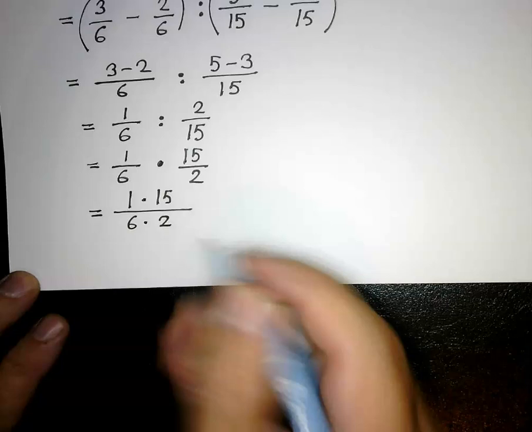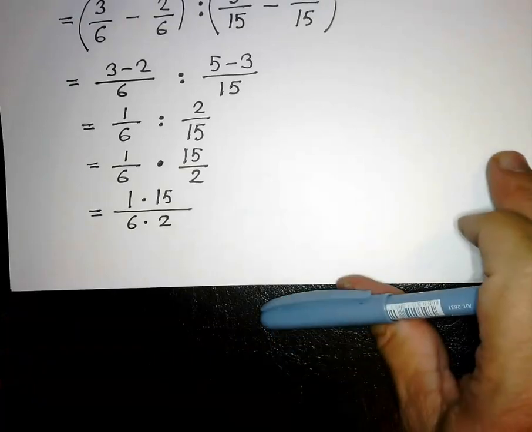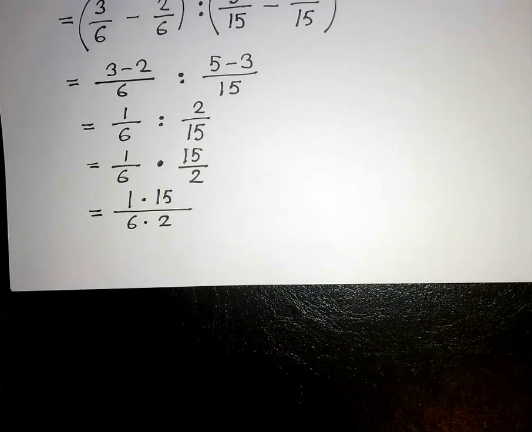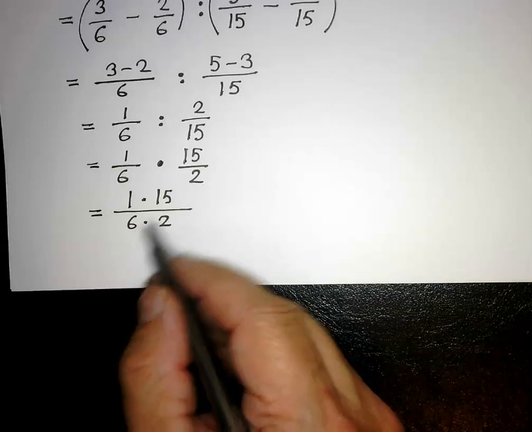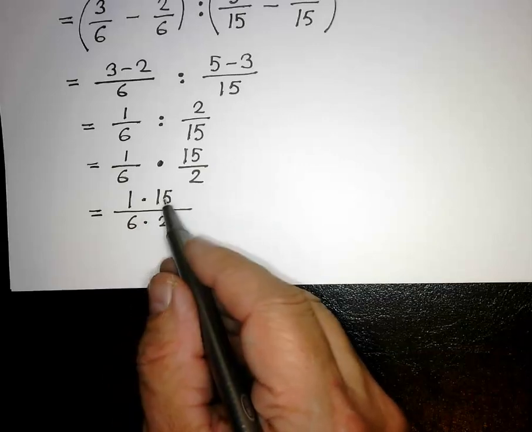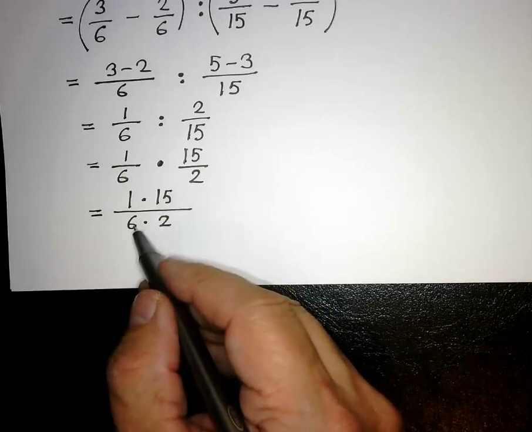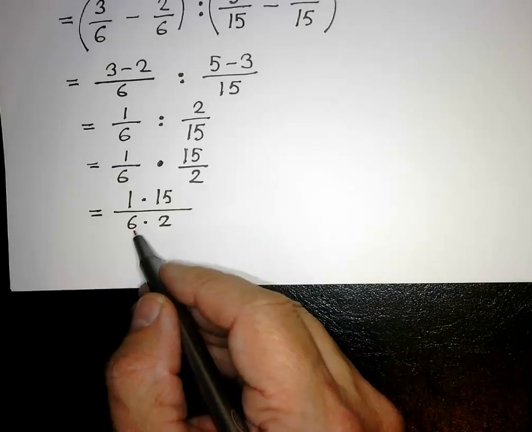It is easier to understand this reducing process like this. And here we have two numbers which are divisible by 3.